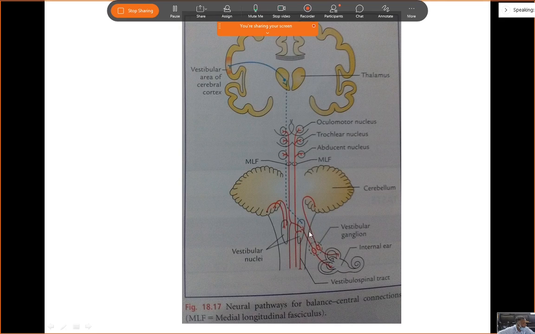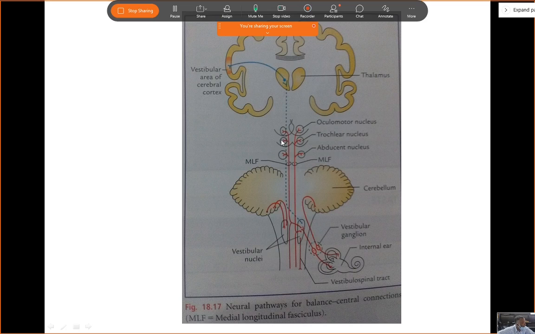Some fibers go directly from the ganglion to the same side of the cerebellum, and some relay into the vestibular nuclei. From the vestibular nuclei, the right side goes to the left side, then goes up and ultimately relays into the oculomotor, trochlear and abducens nuclei.